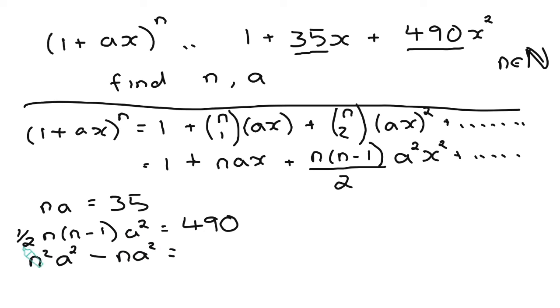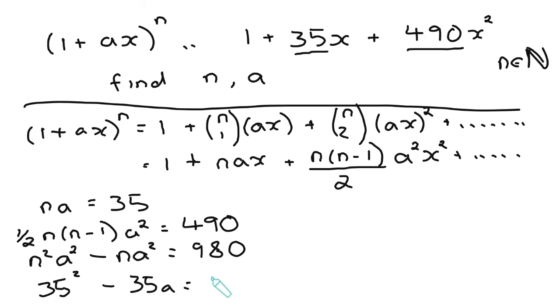And remember I brought the half over, so on this side we'll have 980. And then all I'm going to do is substitute in 35 wherever I get na. So n squared a squared is na all squared, which I hope you're really familiar with now. So that's 35 squared. And I can use one of these a's to get an na, so that would give us 35a.